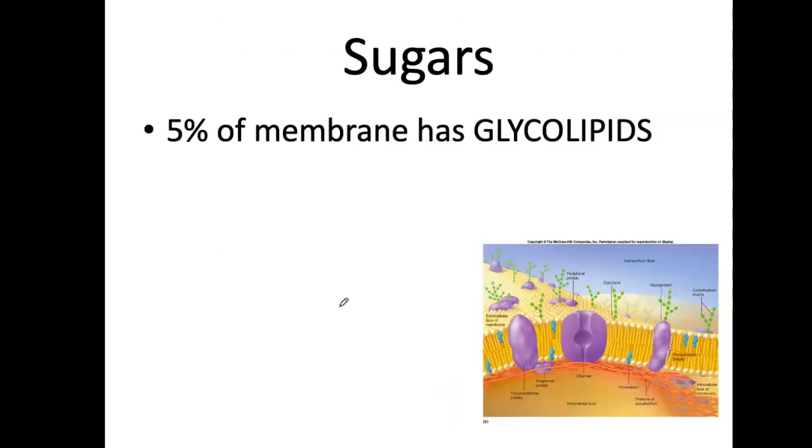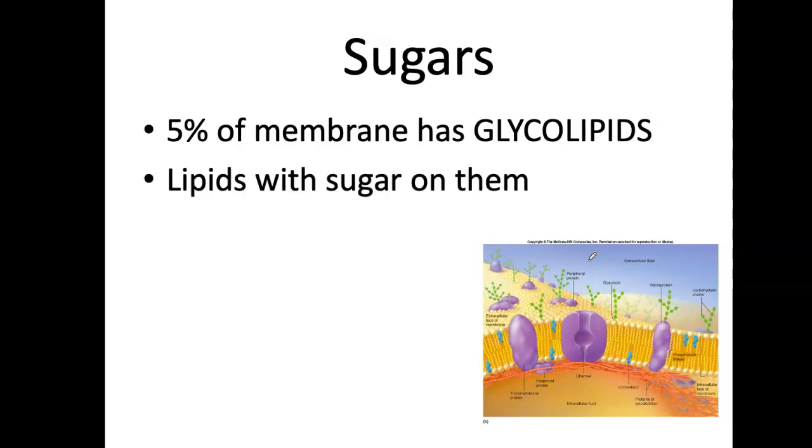What about sugars? Well, we had mentioned that in this diagram, these little green structures that are protruding to the outside of the cell are glycolipids. So 5% of the membrane has these glycolipids. We want those there too. If it's a glycolipid, it's a lipid with sugar on it, or with glucose on it.